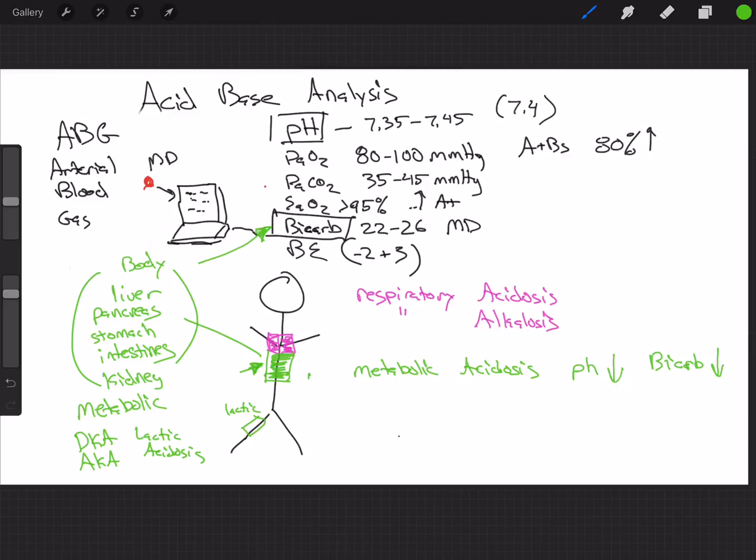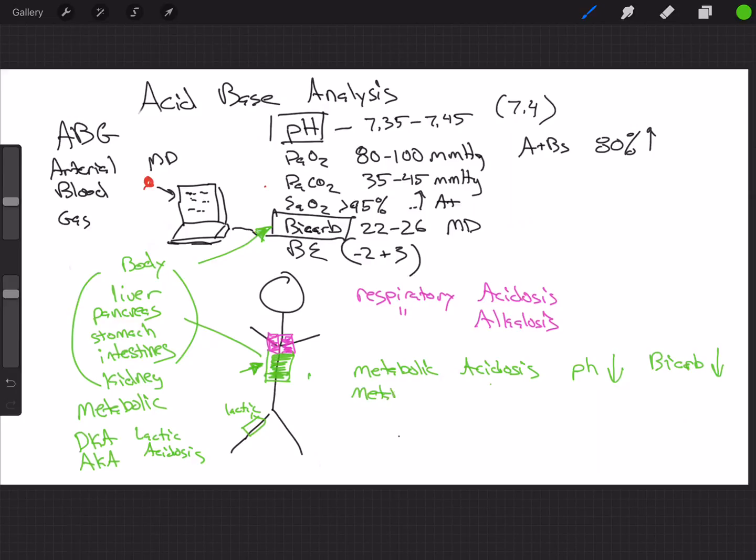It's trying to fix the acid because it's a base, it's a buffer. So if our pH is low and our bicarb level has gone low, pH low, bicarb low, then the pH low means acidosis, and the bicarb low means it's got to be a metabolic cause, something down here in the muscles or in the stomach, versus respiratory acidosis and alkalosis.